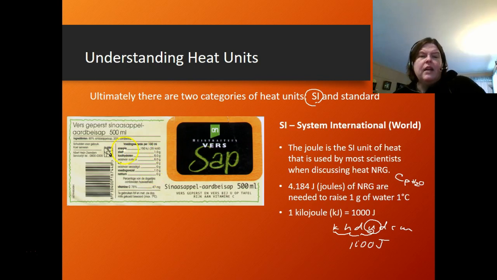But you will notice that where we see energy up here, it's in kilojoules. It also has something called kilocalories next to that. We're going to talk about that in just a second. So we can see that different places have different ways of measuring things, but in Europe they usually use the SI system, even on their labeling.